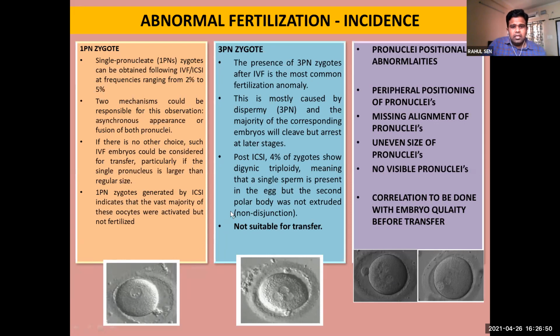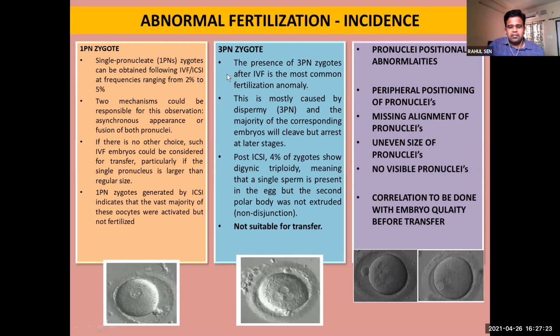But if we see 3PN, meaning more than two pronuclei, a third pronucleus or even a fourth, that is basically the most common fertilization anomaly seen in IVF, when we are conventionally placing the sperm near the oocytes and allowing fertilization, and they allow one or more spermatozoa.